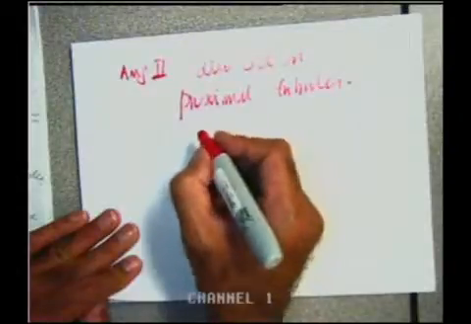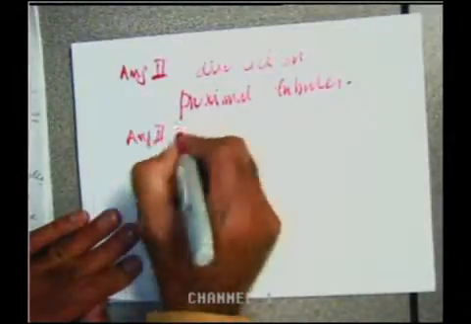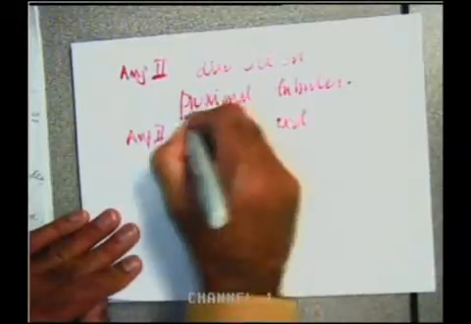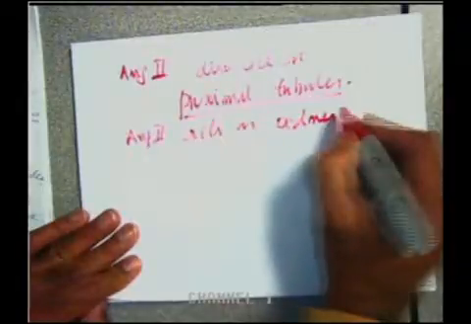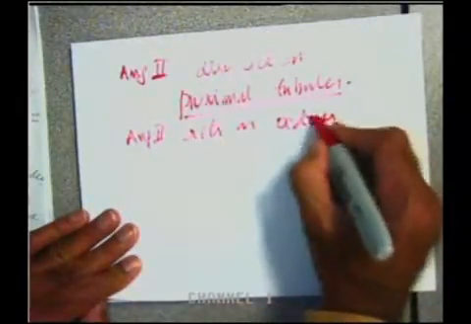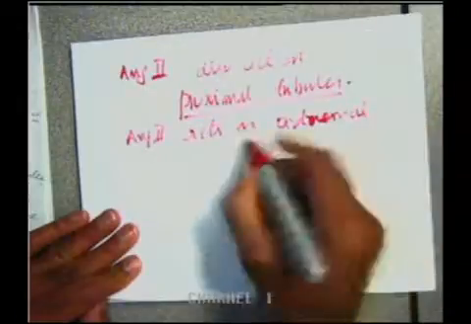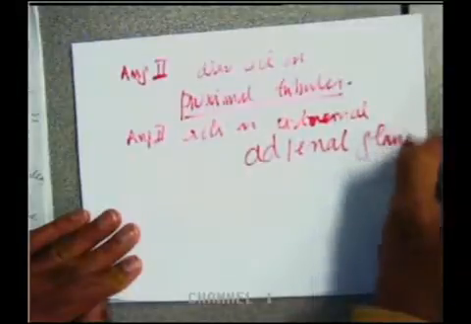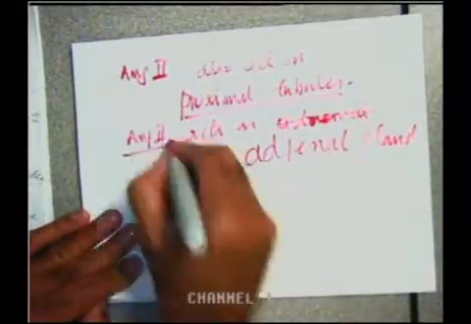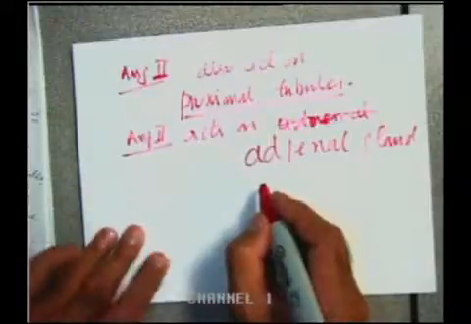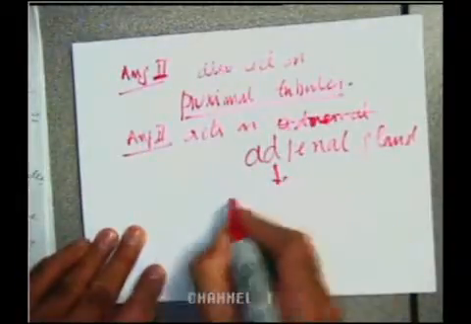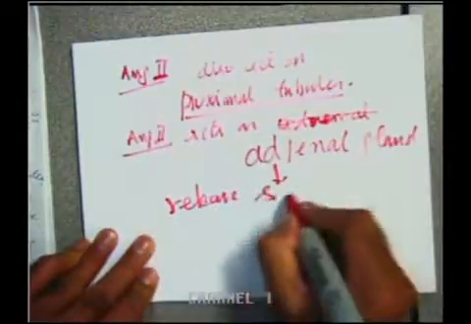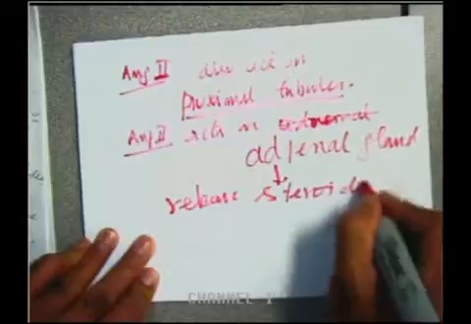Okay, and also Ang2 acts on adrenal glands. I'll write it again: adrenal gland. Okay, it acts on the adrenal gland. And what will the adrenal gland do? The adrenal gland will release a steroidal hormone.